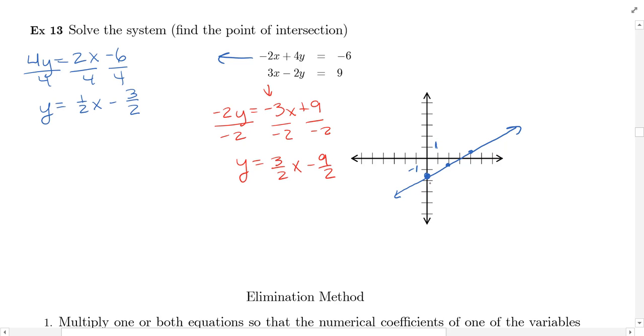This one we're actually going to start at negative 9 halves. So that would be 4.5, negative 4.5. And then again, we've got a positive slope here, so we're going to go up 3, 1, 2, 3, and then over 2, and then up 3 again, so 1, 2, 3, and then over 2 here.